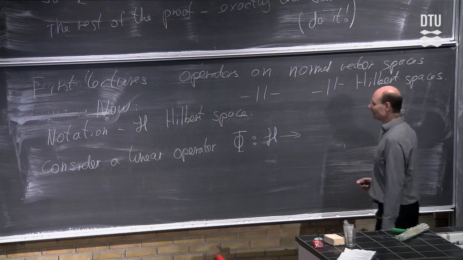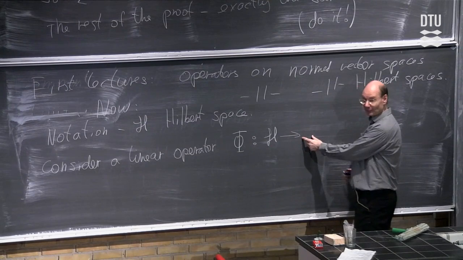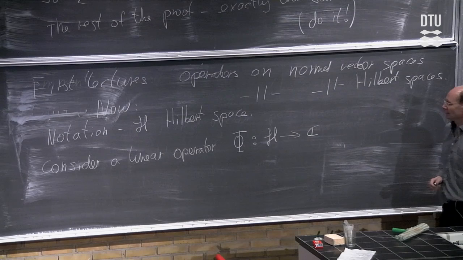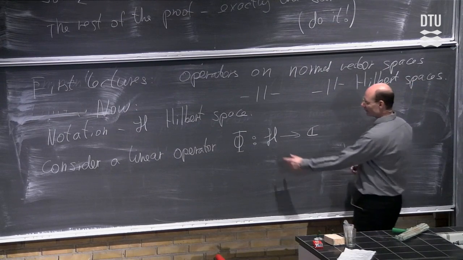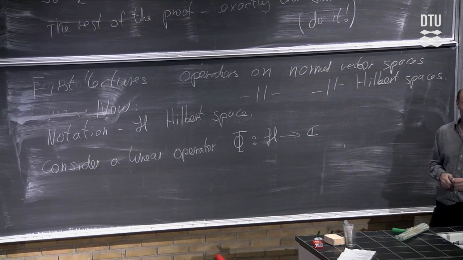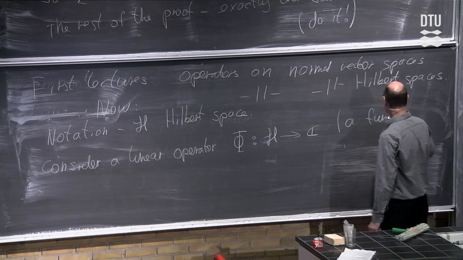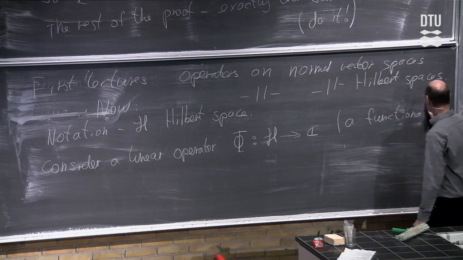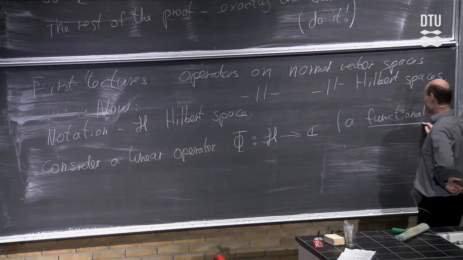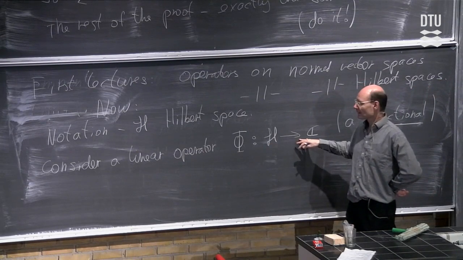So what we'll do at the beginning is to look at a linear operator going from the Hilbert space into the complex numbers. So a linear operator going from H into C, it turns out that they have a special name. They are called functionals. So this is not something you should worry too much about. This is just a name for special linear operators going from the Hilbert space into the complex numbers.